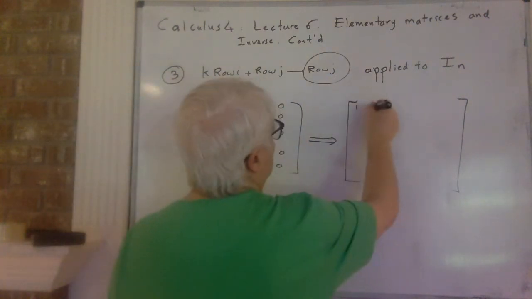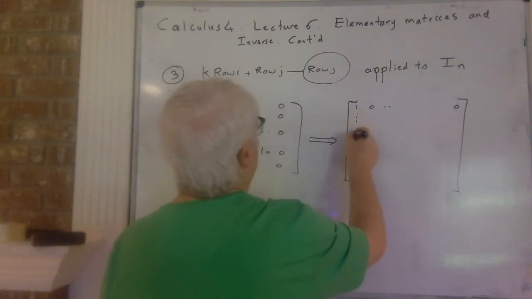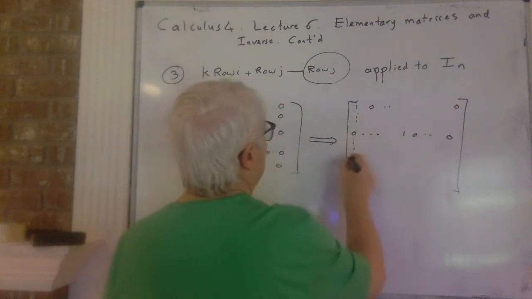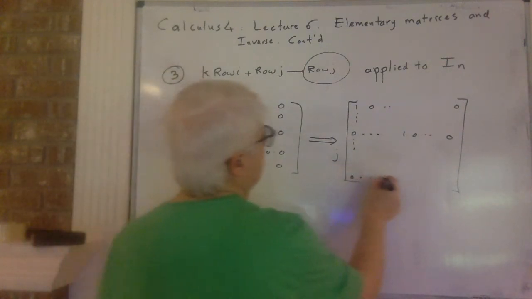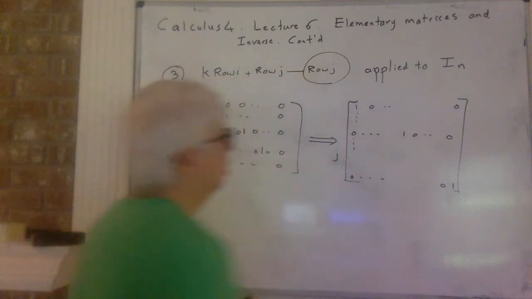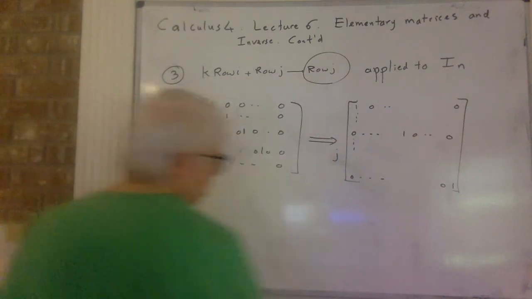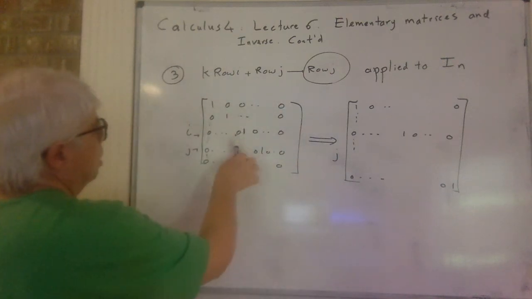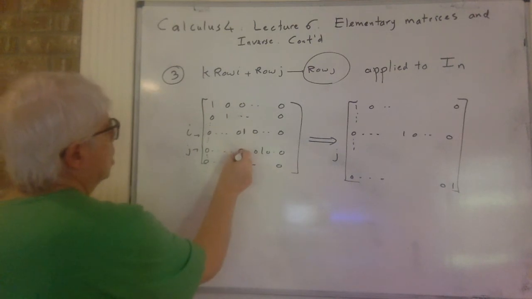So nothing changes here, up to even row i doesn't change. It goes down to the jth row. What happens here? Well, when I multiply row i by a constant k and add, this is added to a 0 here. Where is this 0?